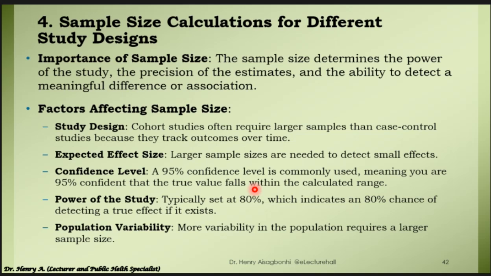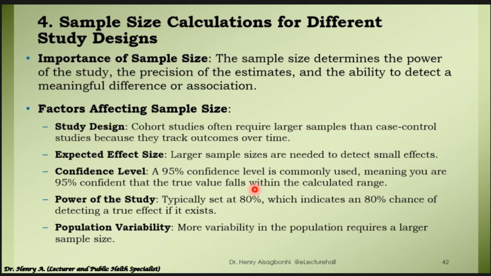So 95% confidence level, you want to see the power of the study. Okay, typically set at 80%, which indicates an 80% chance of detecting a true effect. Or you look and say, okay, this whole population, if I can use 50%, it will be okay instead of 100%. Or if I can use 30%, it will be okay instead of the 100%.